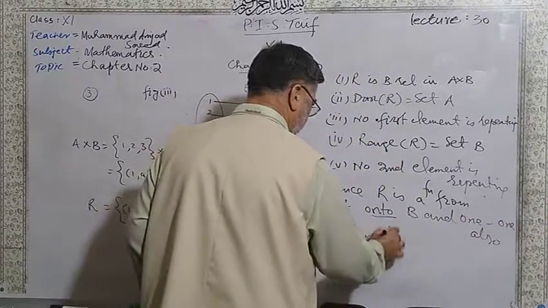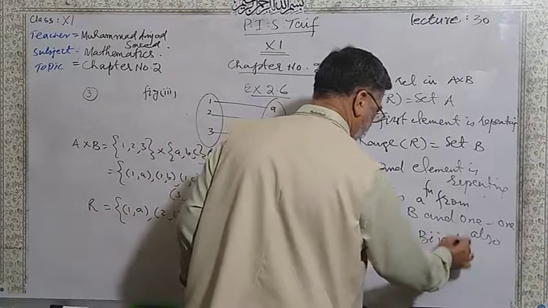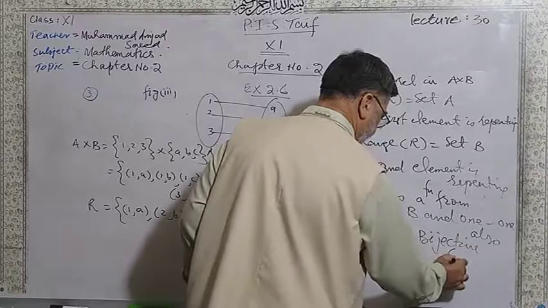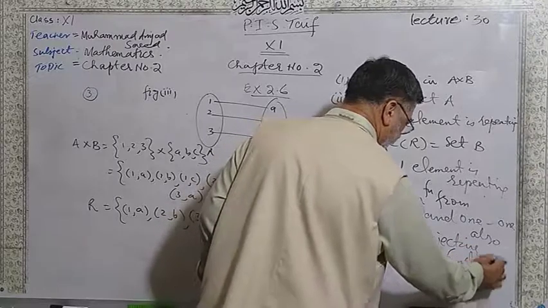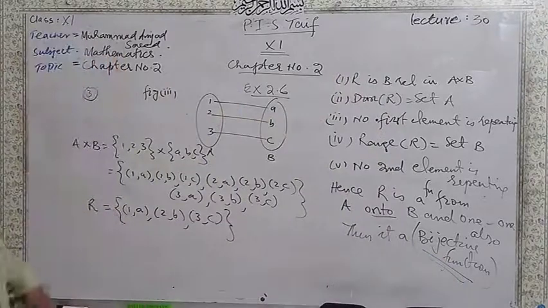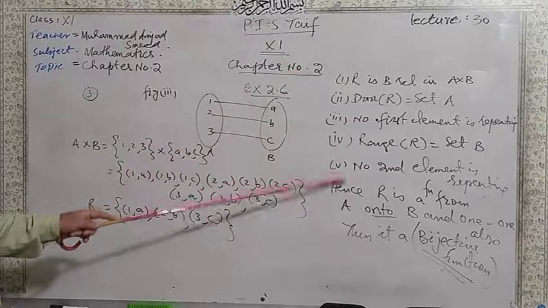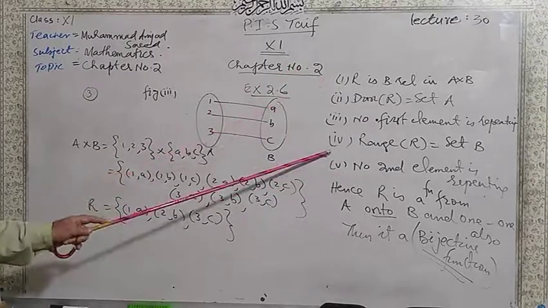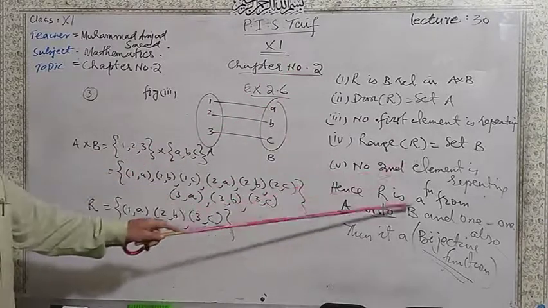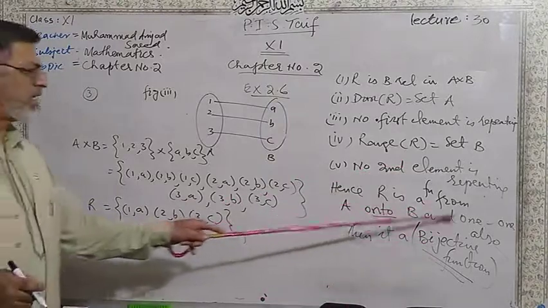Thus, it is a bijective function. You can check these conditions. We have satisfied all the 5 conditions. The first 4 give onto, the 5th condition gives one-to-one. So this is a bijective function, one-to-one and onto.